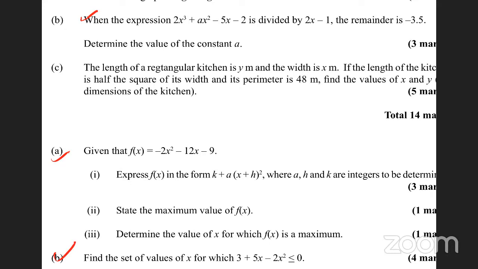Right, so basically what they're saying there is that f of positive a half is negative 3.5. So when you plug in a half, you're supposed to get negative 3.5. Use that to help you find E.